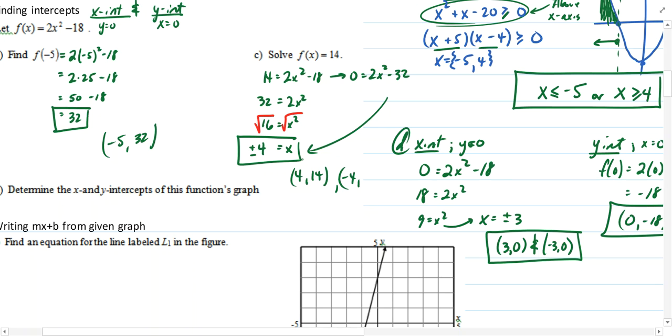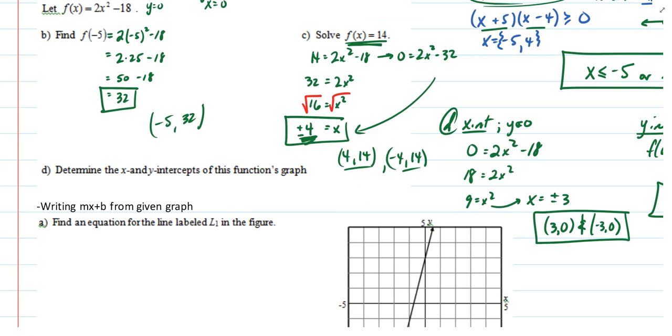What am I saying? Oh, yes, 14. My mistake. The y value associated with x coordinates 4 and -4. The y value is 14, so those are correct. We have x-intercepts, so 2 coordinates there, and a y-intercept. So we've got several coordinates that can be plotted, and we can generate the shape of that graph if we were asked to do so.